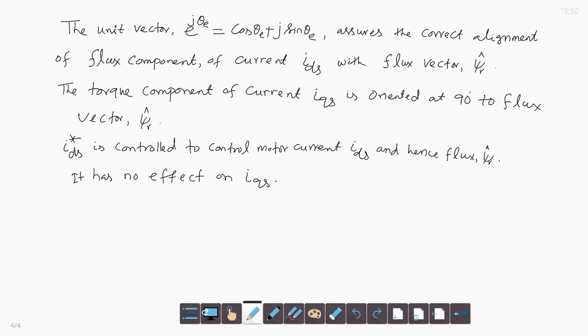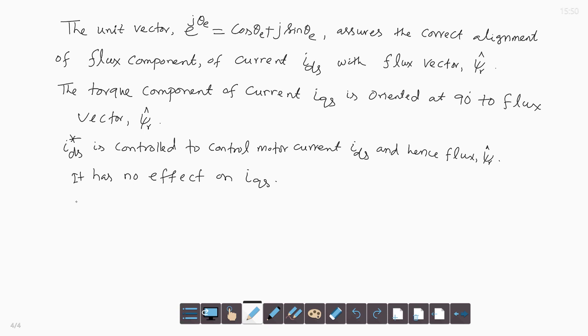For high speed operation, the flux control is done, that is, field weakening control, and for speed operation below the rated speed, the torque control is done.